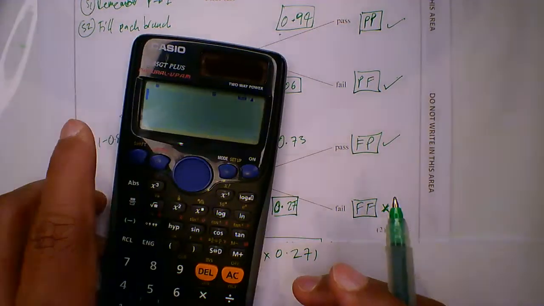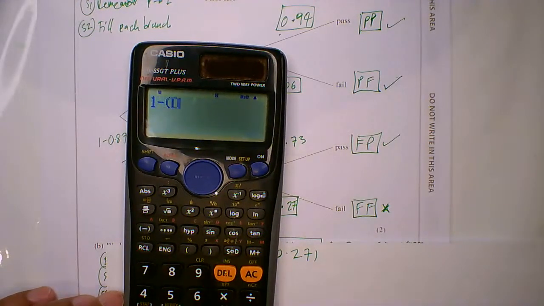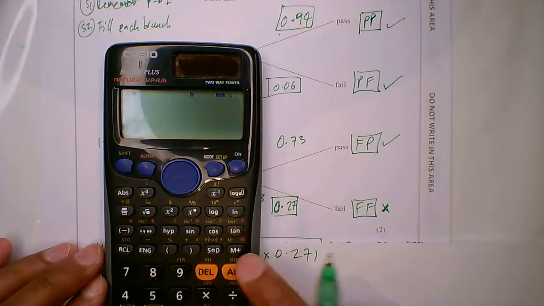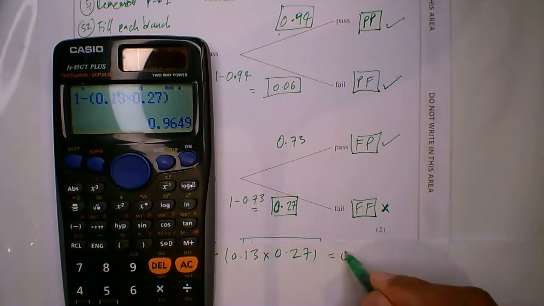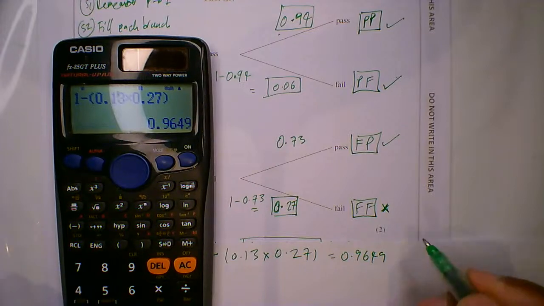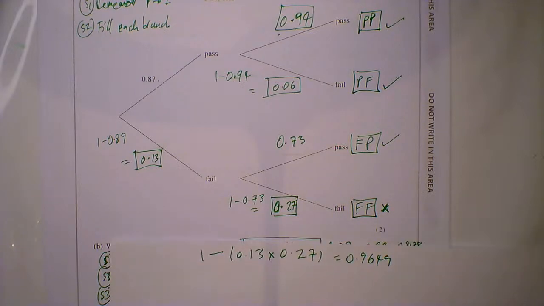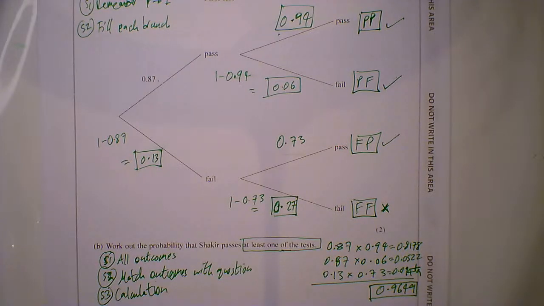And if I did that, that should give me the same answer, 0.9649. Okay, so if you spot these little tricks, that will save you a little bit more time in the exam, and so you have more time to spend on the harder questions.